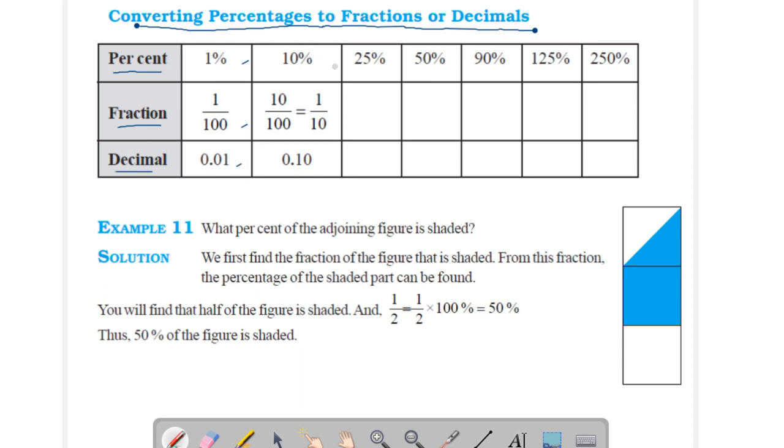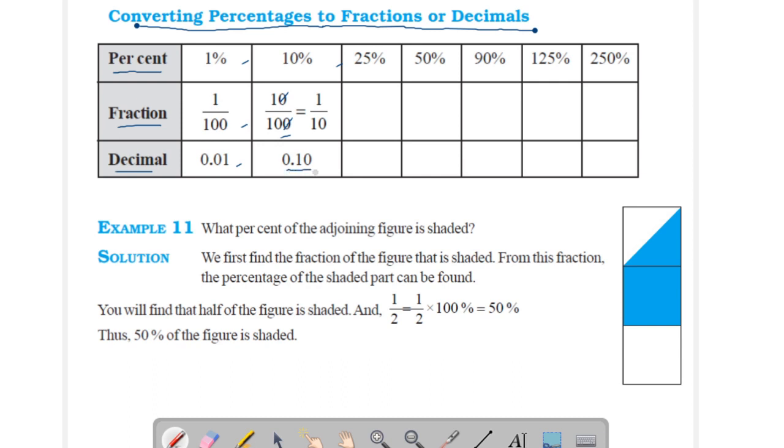Similarly, 10% can be written in fraction as 10 upon 100, and if you simplify it, here 0 can be cancelled by 0. You are left with 1 upon 10, and in decimal we can write it as 0.10.